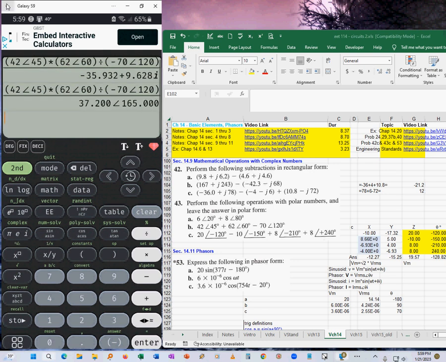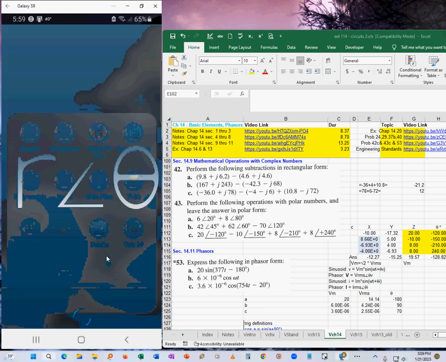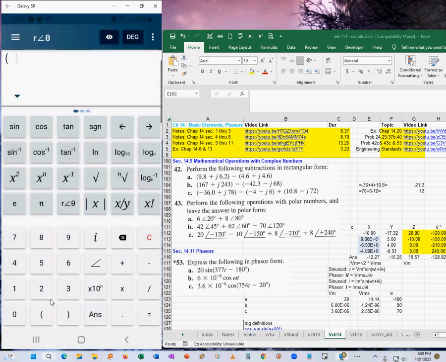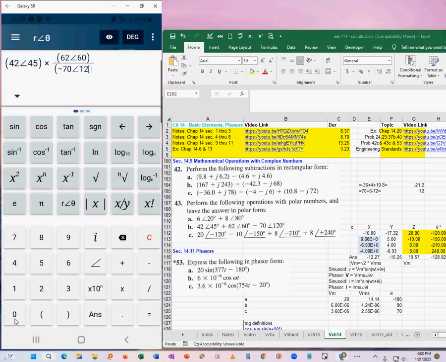We're going to have 42 angle 45 times 62 angle 60 divided by negative 70 angle of 120. And there's the answer in rectangular, and here it is in polar: 37.2 angle 165, which is the same, 37.2 angle 165.